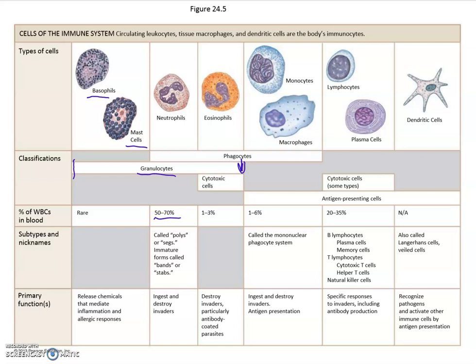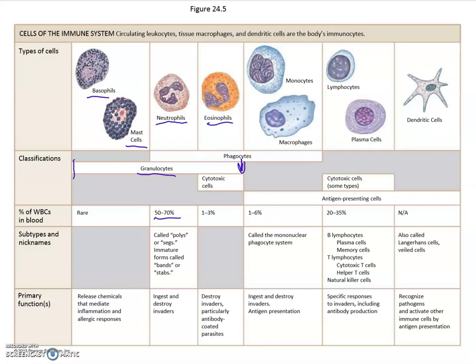So the neutrophils, that is maybe the biggest part of your second line of defense, because you have so many of them, and they are attracted to sites of inflammation, and then they're just phagocytic. They're highly phagocytic cells. Eosinophils are rather rare too.